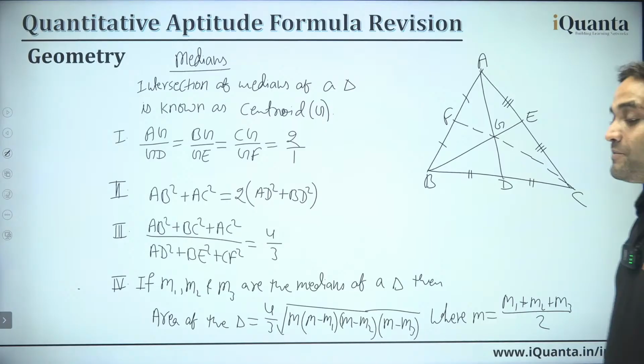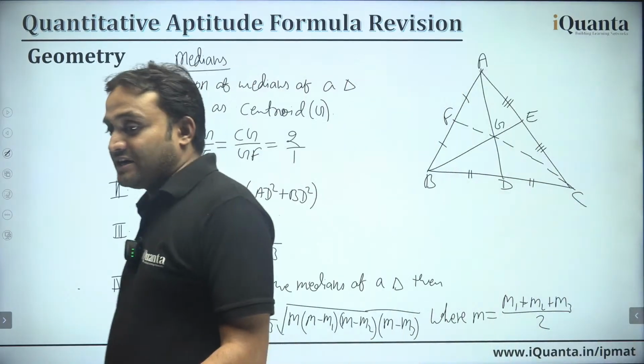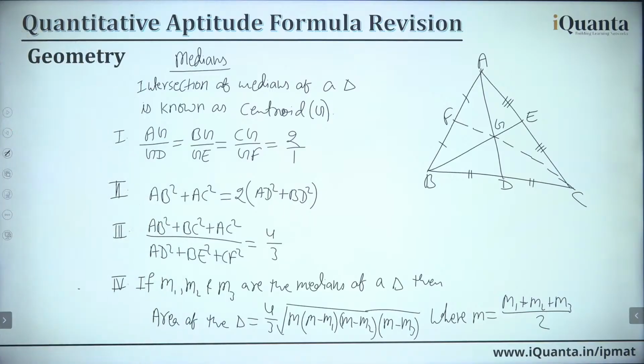So if all the medians are mentioned, you can find the area of the triangle directly. Tell me, is that clear? Any doubts till here?